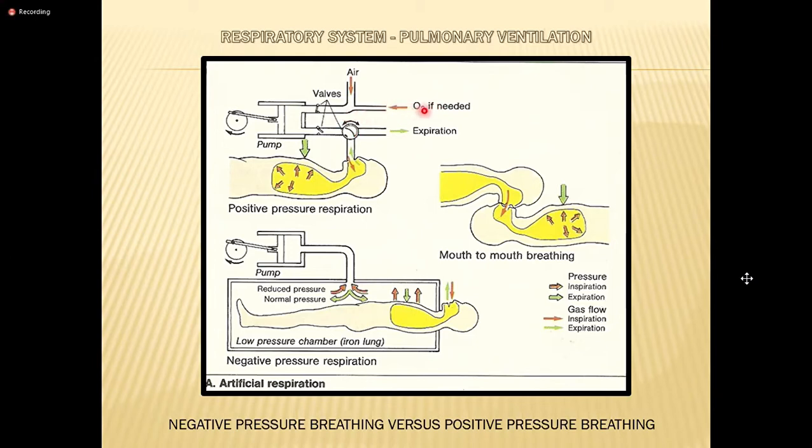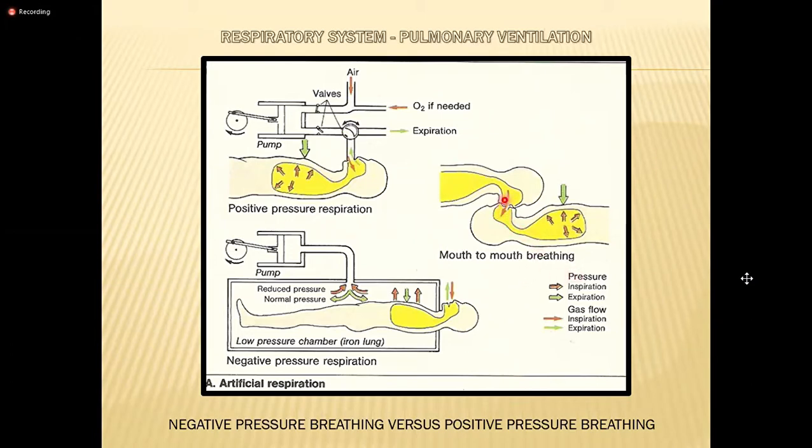So if oxygen is needed, it is oxygen that is being pumped inside. Okay, so this inflates the alveoli, and then pressure is applied so that the air will go outside. More or less the same with your mouth-to-mouth breathing.